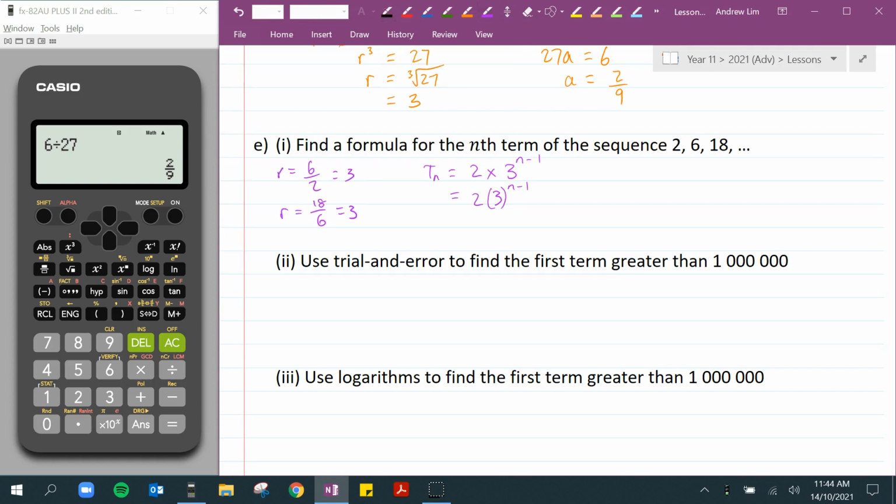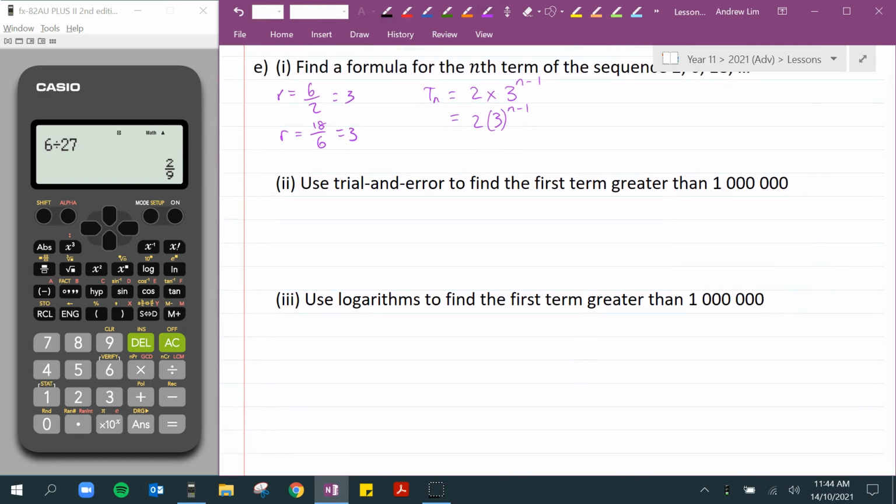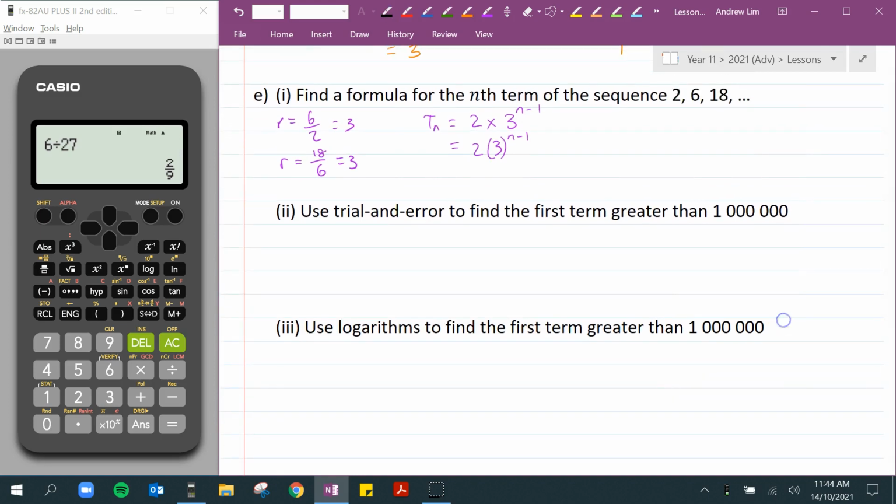Okay, use trial and error to find the first term greater than 1 million. Alright, so let's try 10. The 10th term is 2 times 3 to the power 9. That's 39,366.